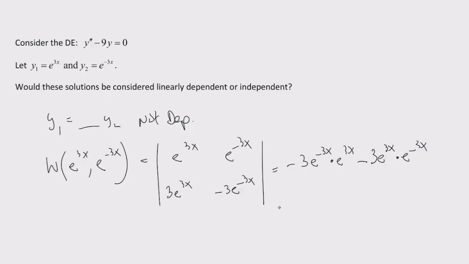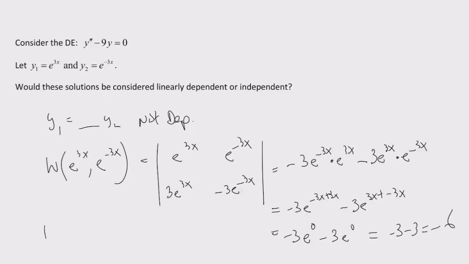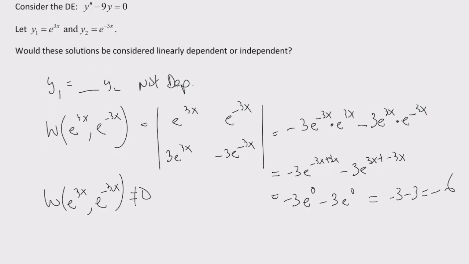That's negative 3 e to the negative 3x plus 3x minus 3 e to the 3x plus negative 3x, which is negative 3 e to the 0 minus 3 e to the 0, which is negative 3 minus 3, which is negative 6. Since the Wronskian is not 0, that means they are linearly independent solutions.